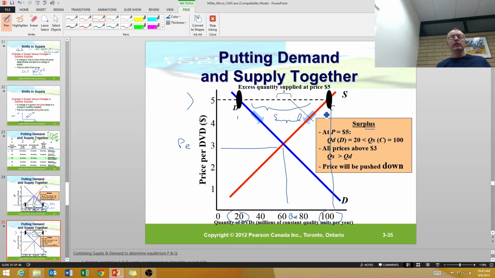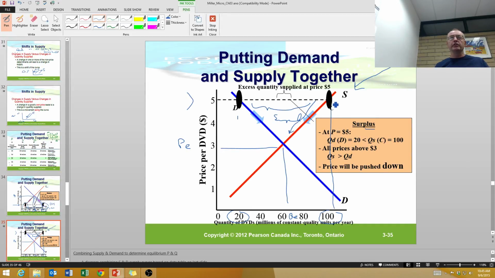So suppliers aren't going to want to have a surplus because the suppliers, these are businesses, they have all this money invested in this inventory. And if the inventory is not going to sell at this high price, they're going to want to cut their price, get their money out of that inventory, and put their investment into another product. So suppliers are going to cut their price in order to stimulate demand.